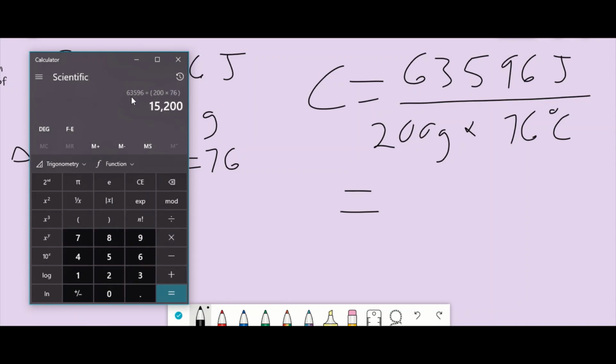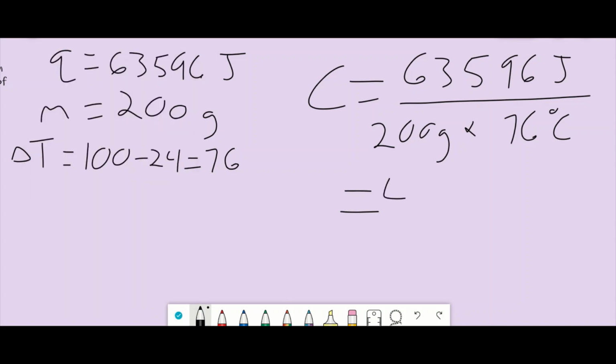So you see what's happening: it's 63,596 divided by 200 times 76, and make sure you put equals, and you get 4.1839, which you can round to 4.184, and the unit is joules per gram Celsius, or if you use Kelvin, joules per gram Kelvin. So that is actually the specific heat of water, which will be the same for water in all cases.